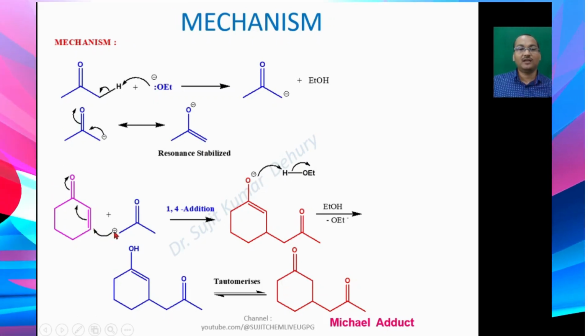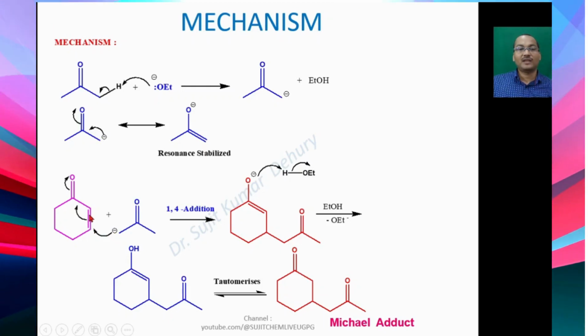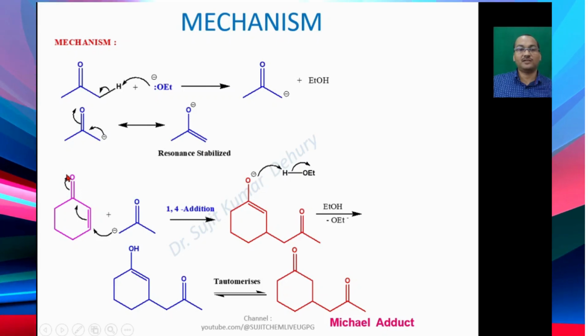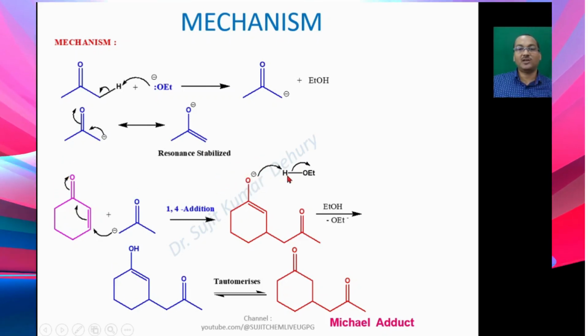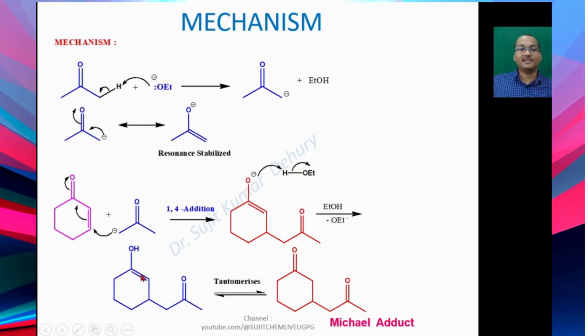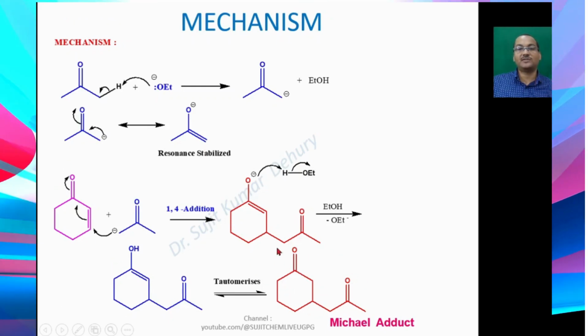That's why this carbanion will attack this C plus, and C double bond O will break on oxygen. You get this oxyanion, and it will take the proton from ethanol, giving rise to this enol, and this enol simply tautomerizes, giving rise to the Michael adduct, the 1,4 addition product.